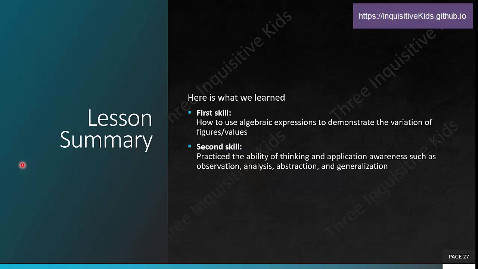So the first skill is how to use algebraic expressions to demonstrate the variation of figures and values. We were able to create algebraic expressions based on what was happening, and we practiced the ability of thinking and application awareness, such as observation, analysis, abstraction, and generalization.